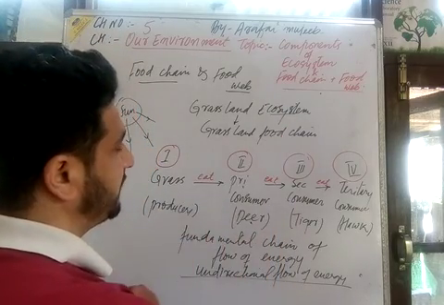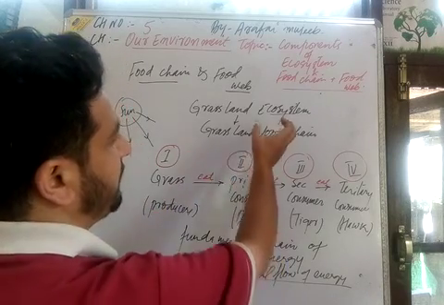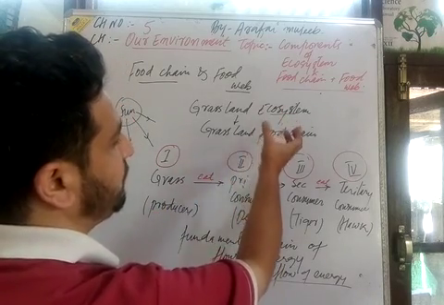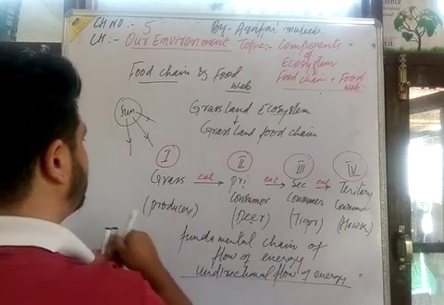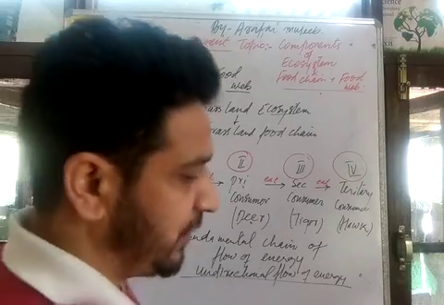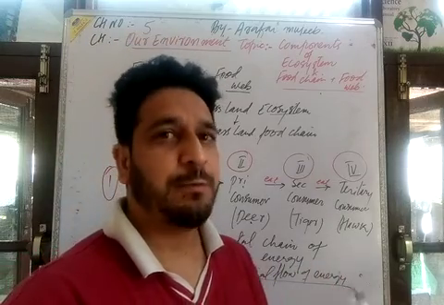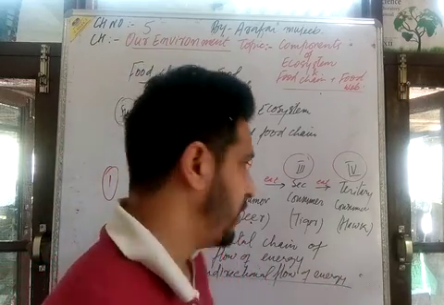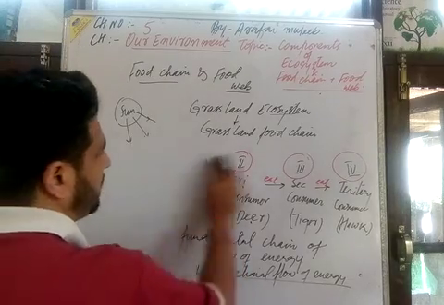It is a fundamental chain that helps us understand what function and what interaction takes place in an ecosystem. If we study the food chain, we understand the functions that take place in a given ecosystem. There is a flow of energy in a food chain.